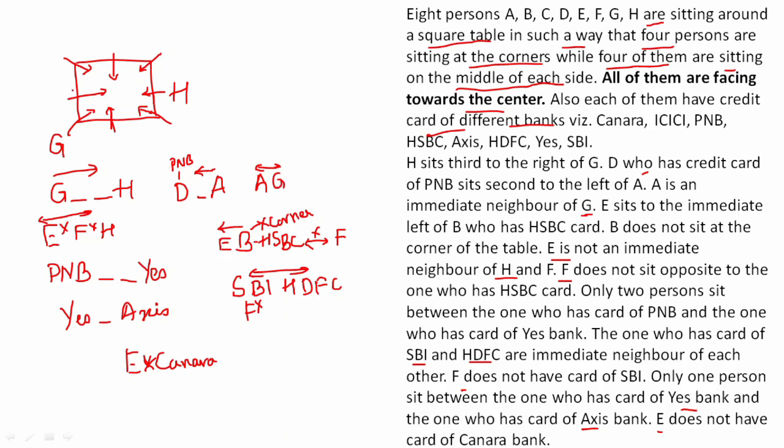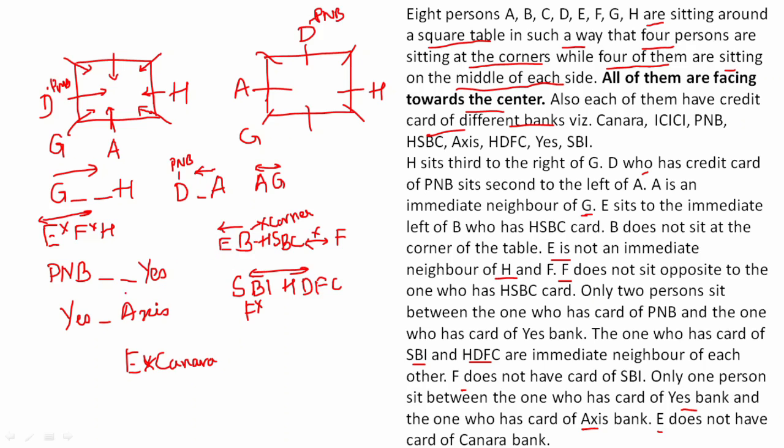Let us see. So what I'm going to do is work with two options now, so that we will not lose time. Then G here, H here, A will not come here, A will come here, and then there will be D here, D who is having PNB.